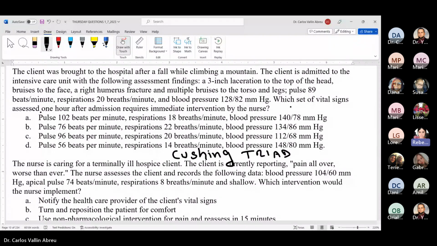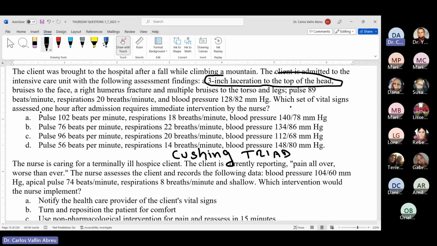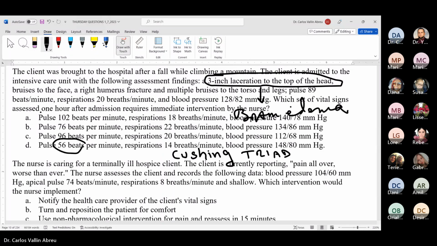Remember that the client is described with an injury on the head, and injuries on the head can produce brain edema or intracranial bleeding. Now what calls our attention is the bradycardia. So this is the clue of this question.